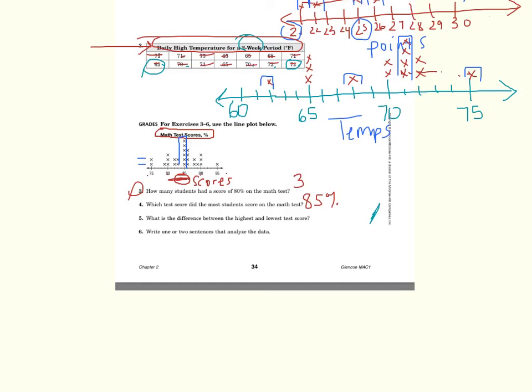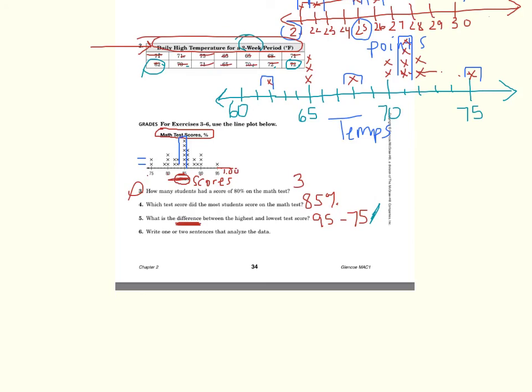What is the difference between the highest and lowest test score? Here you have to know that the word difference means you're going to have to subtract. So find the highest score, which is a 95, and subtract the lowest score, which is a 75. Now remember, you're only looking for the ones with the X's. So if there was a 100 up here but no X's on it, you wouldn't use that.